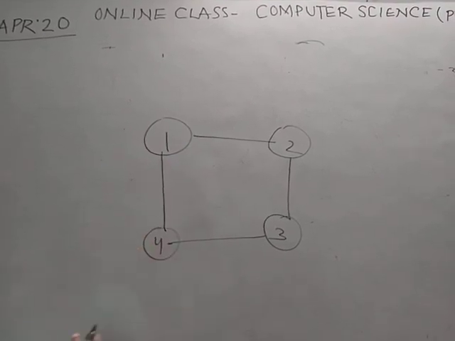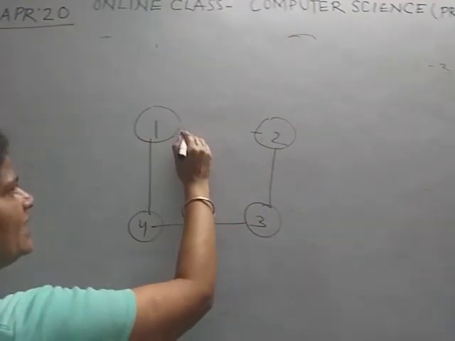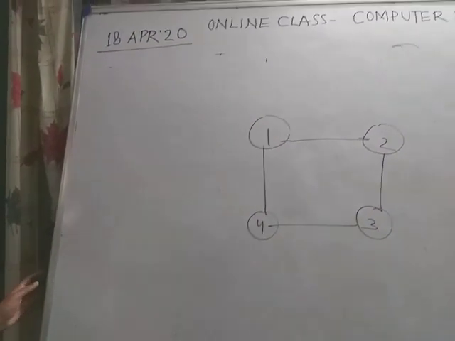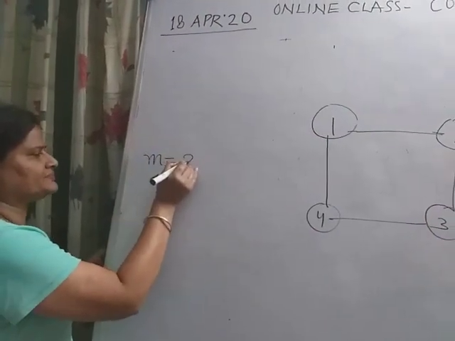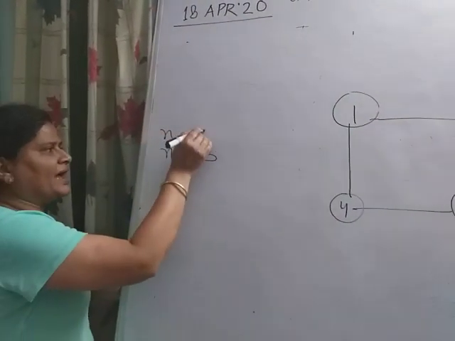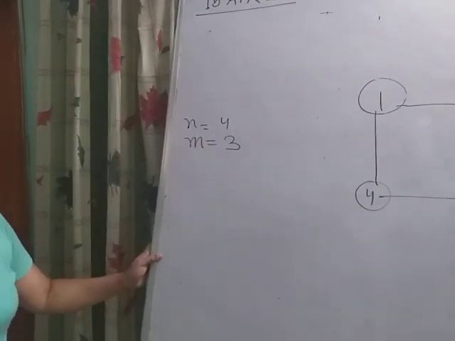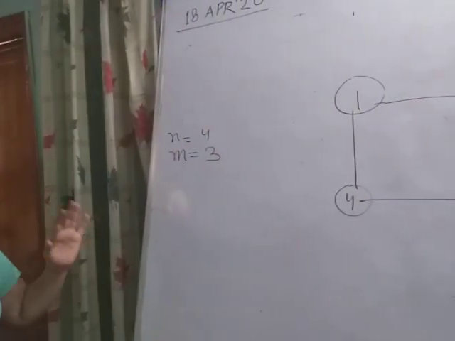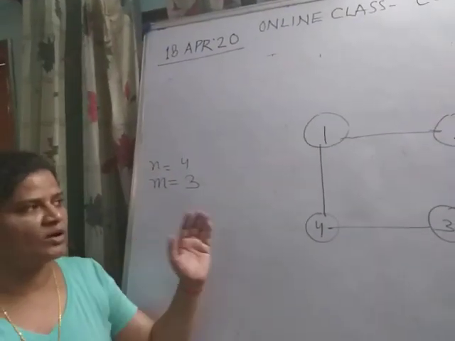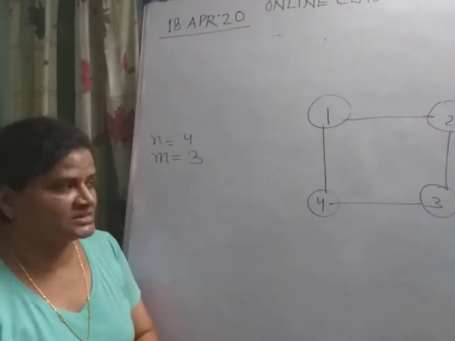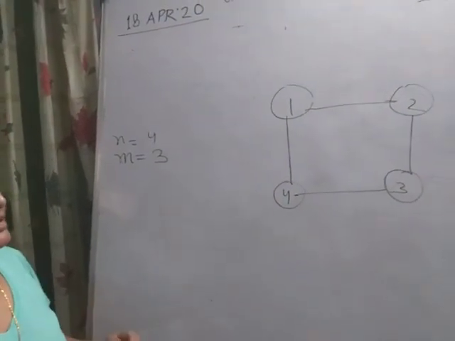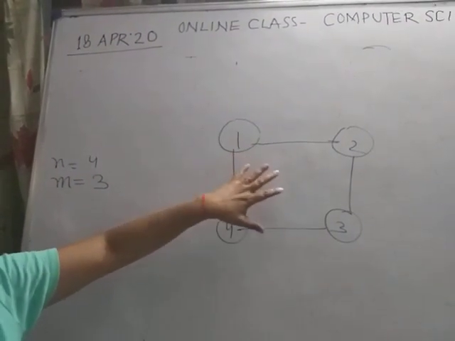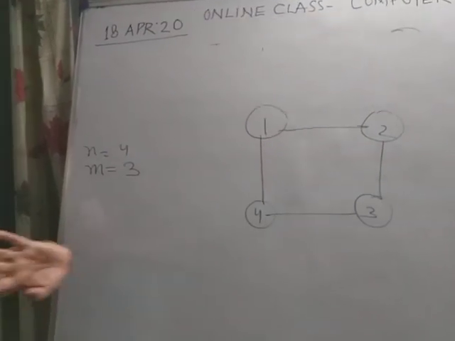This is the graph, and here I want to write a backtracking algorithm for n equal to 4 and m equal to 3, and this algorithm will generate all possible solutions. Here the approach I am taking is that first we store the graph in an adjacency matrix.